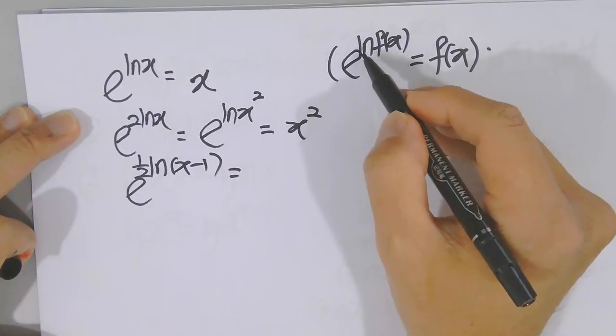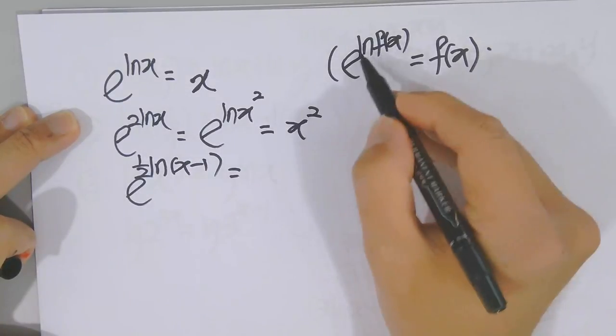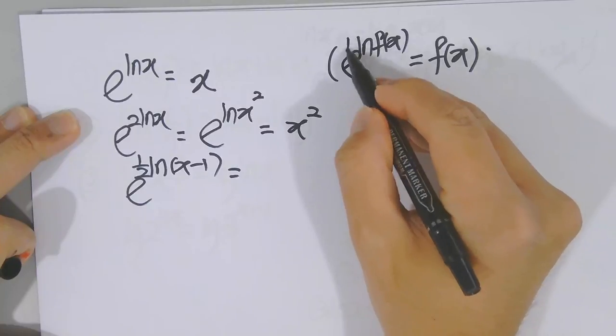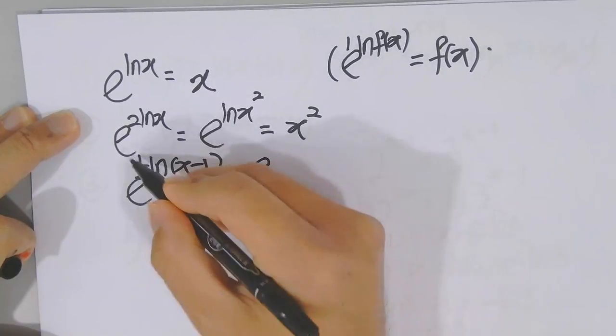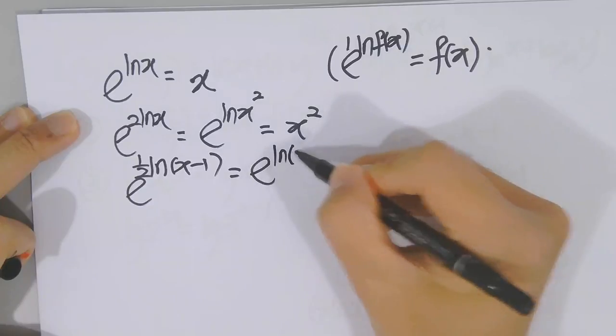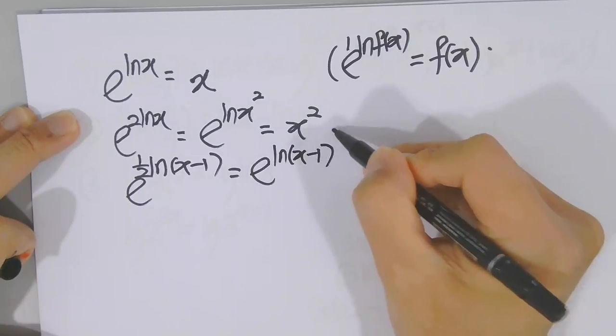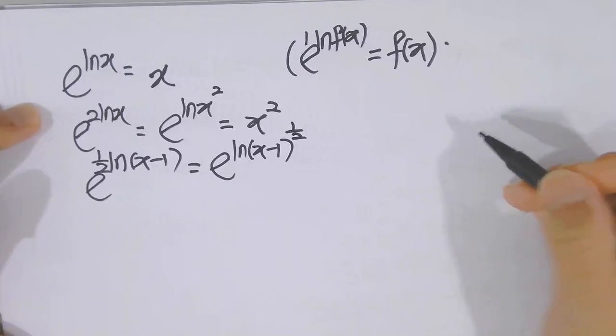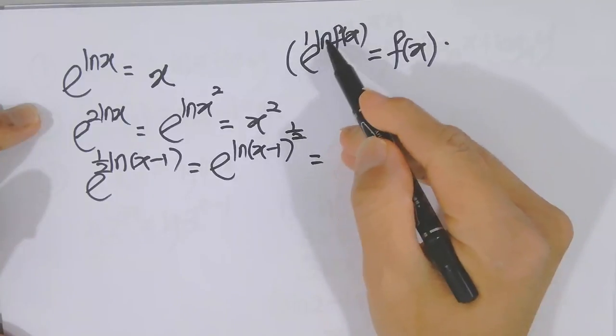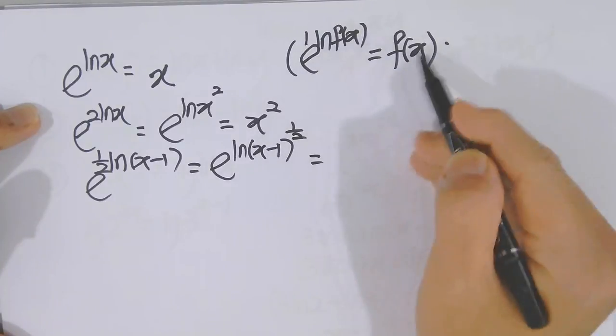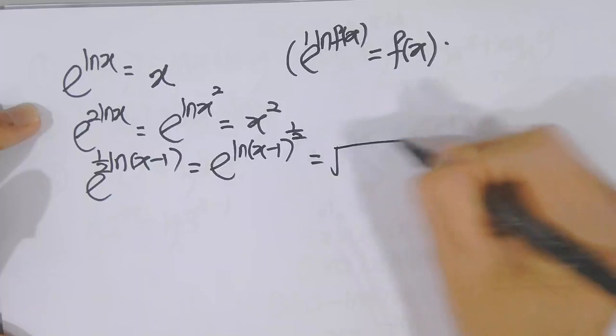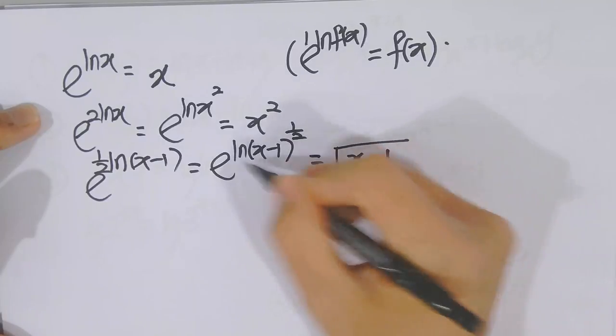So we have to apply this law, where you make sure the coefficient is 1, so you bring the 1/2 to the power by applying the law of logarithm. Then you apply the rule, exponent and ln, and you just write out the function. The function will be the square root of x minus 1.